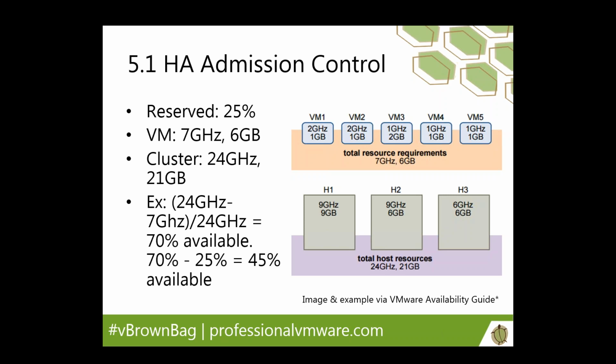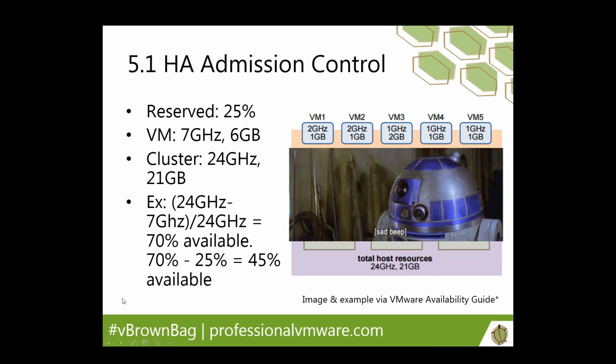That's going to leave us with 25% available in our cluster. Now we've defined a reservation of 25%. So at that point, we've got nothing left in our cluster. Or my first Star Wars reference of the evening, we would have a sad R2-D2 at that point because we'd not be able to power on virtual machines any longer.